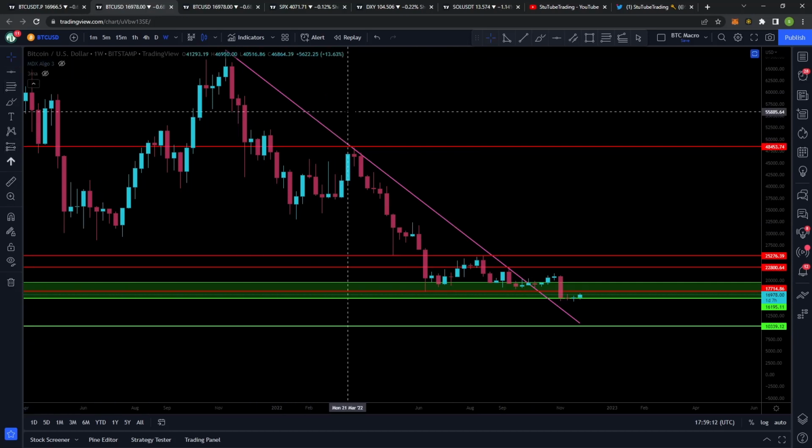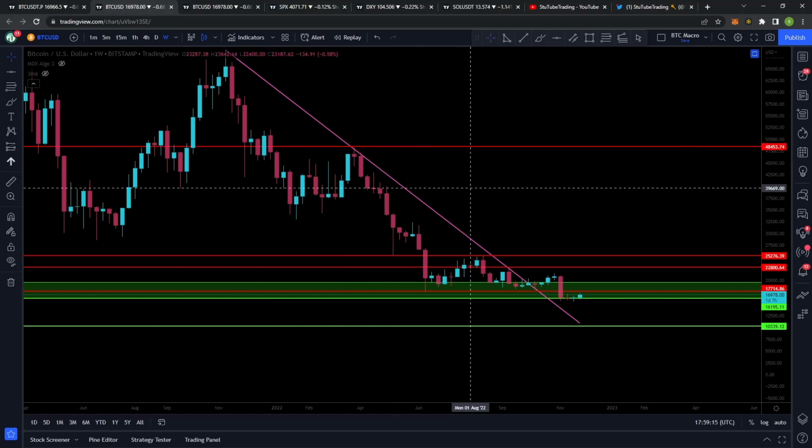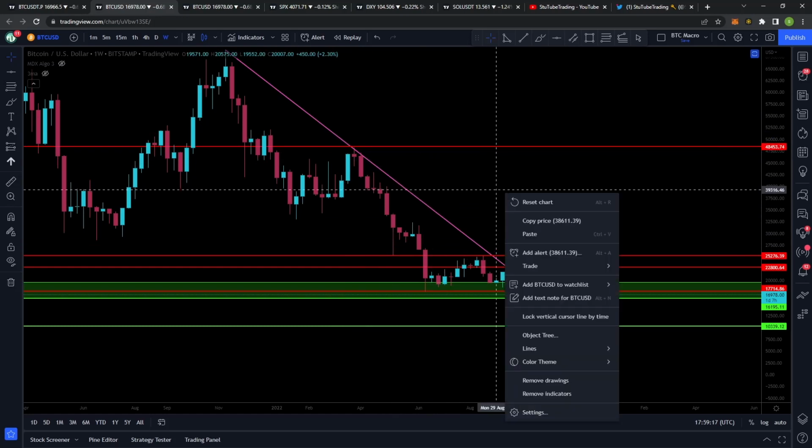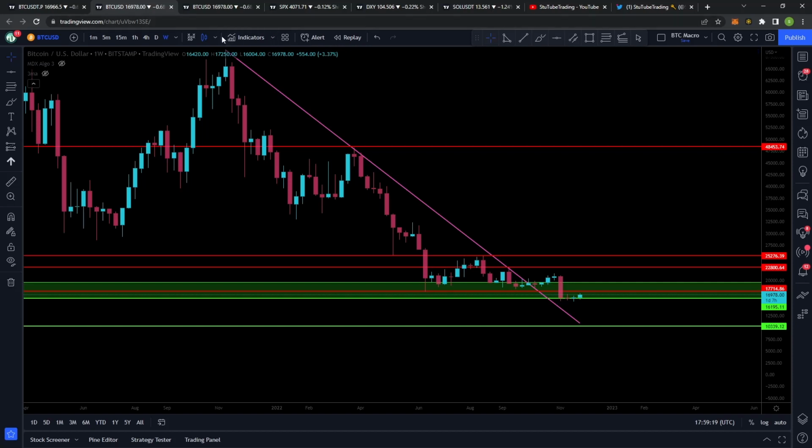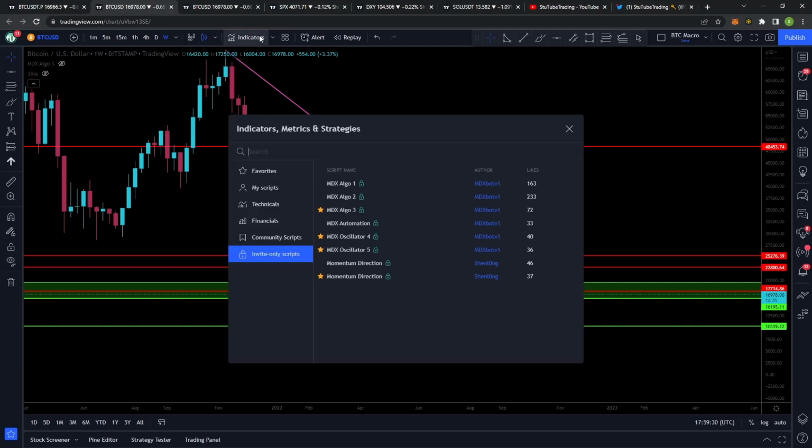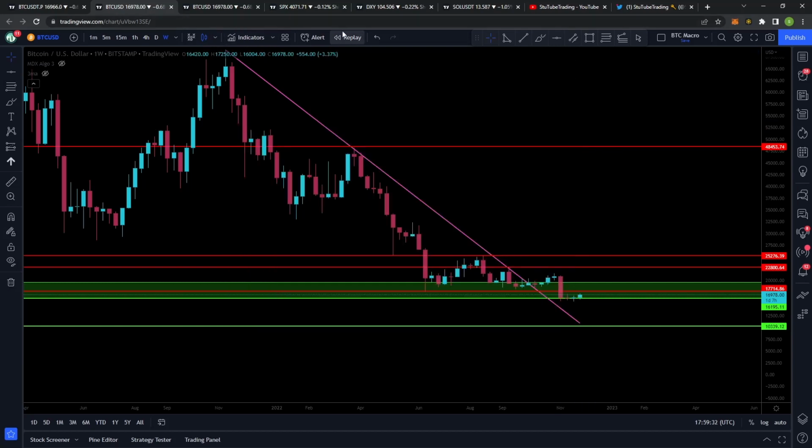Fixed range volume profile, that's something I've never looked at. What am I looking at here? I always just look at the indicators. Where's the tools? Why am I dumb here? You guys are going to have to teach me, like, you're talking in here?